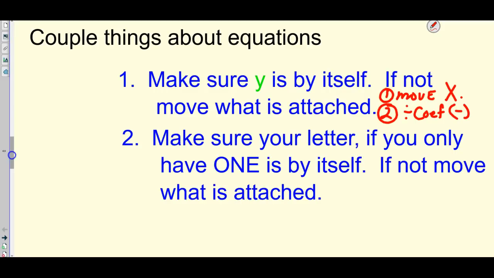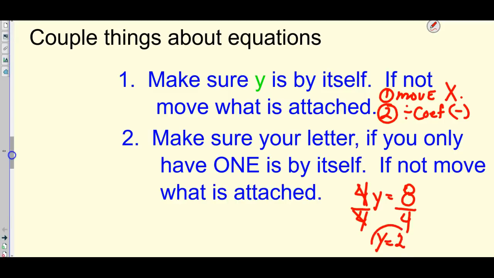Now, on some of these, you're going to find that there's only one letter that's available. If it is only one letter, you need to solve for that. You might have an equation that is 4y equals 8. You have to solve for that letter in order for you to do anything.